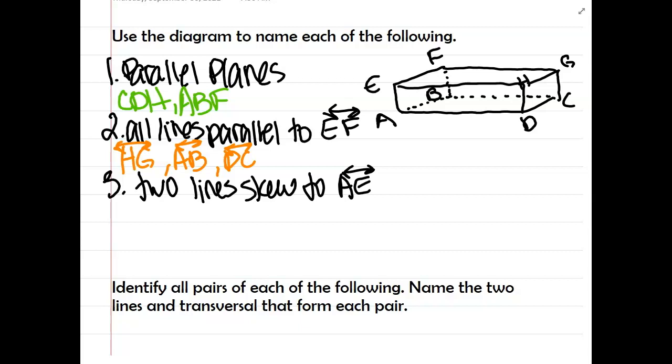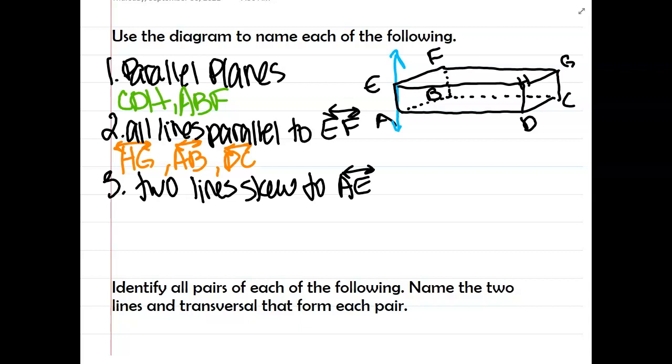Now AE is right here. Now remember, if they are skew to AE, they cannot be on the same plane. So since AE goes straight up and down, you cannot pick another line that goes straight up and down because that would be coplanar. It cannot be coplanar. Who thinks they can find a line skew to AE?